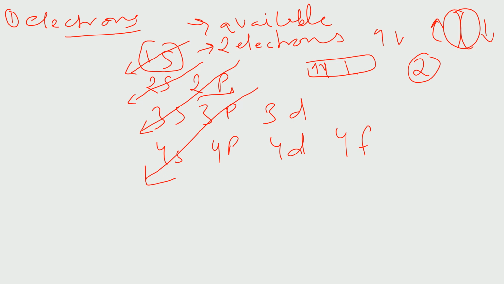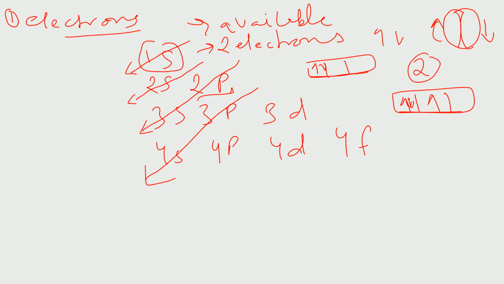If there are two or more orbitals at the same energy, like in p there are 3 orbitals, we first half fill these orbitals. Suppose there are 2 electrons: instead of putting both in one orbital, we first half fill all 3 orbitals, one each, and then we come back to the first orbital to fill it if electrons are remaining.